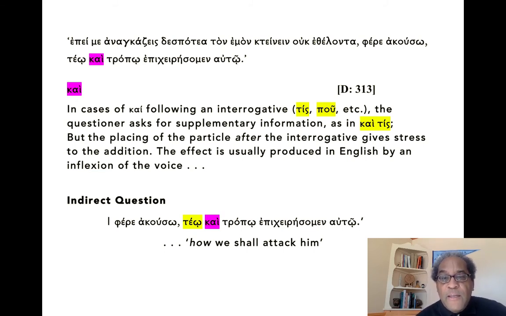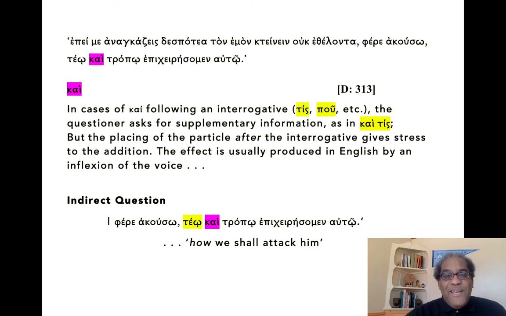The effect is usually produced in English by an inflection of the voice. So, pere akouso, to o kai tropoi, epikheiresomen autoi. This is an indirect question, but come, let me hear how we're going to attack him. Literally, in what manner, how we shall attack him.